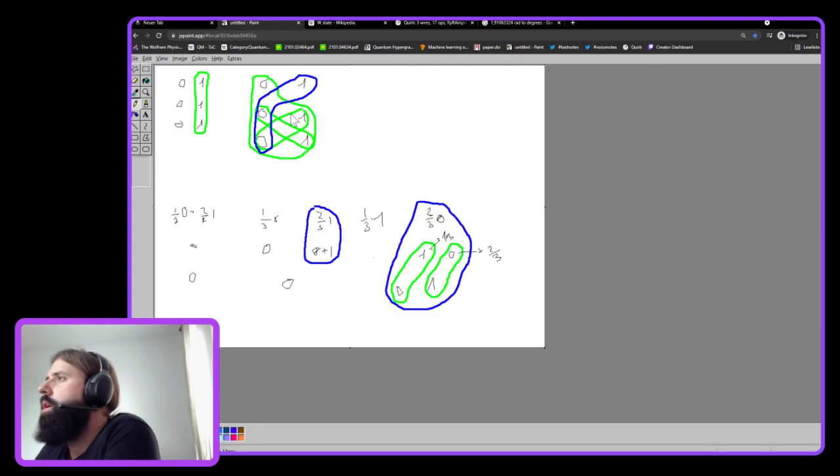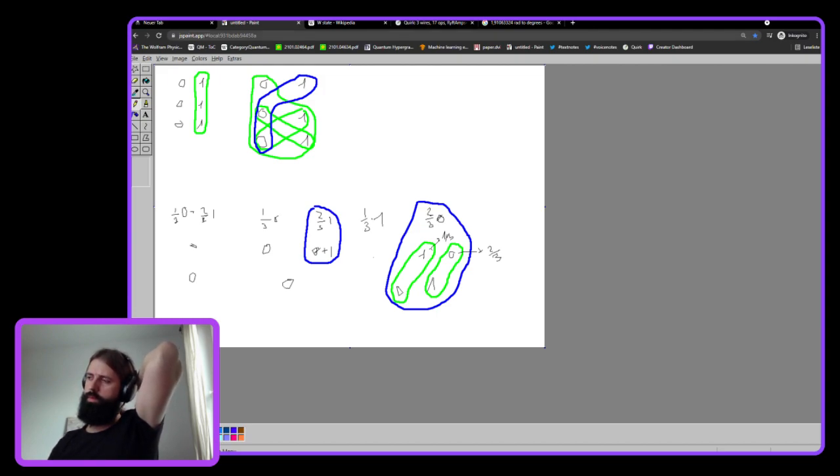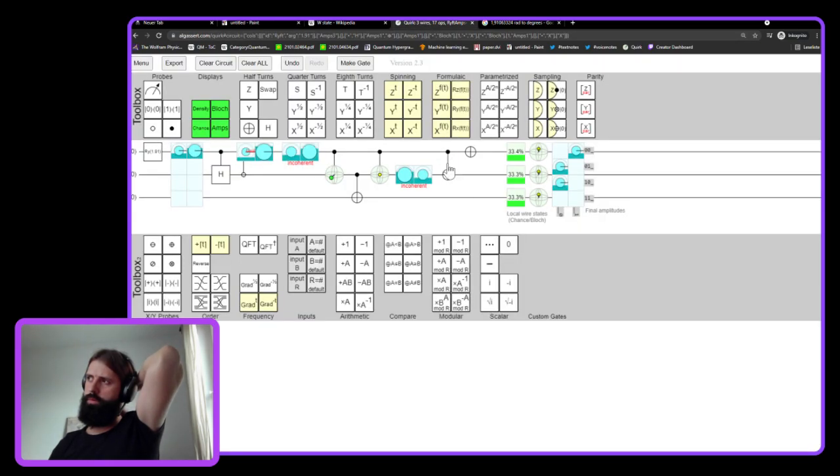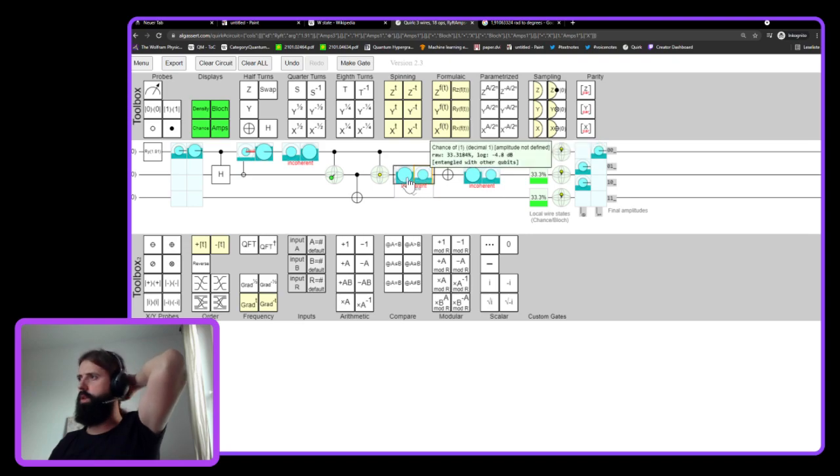After the NOT gate. But then why doesn't it change? Why doesn't Quirk change it after these?